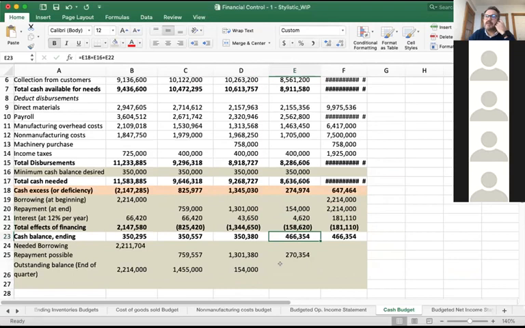And so we have now, for the first time, an amount which is higher than the minimum we want, 466,354, okay? And so, of course, we have the outstanding balance, which is 0, confirmed. Any question?